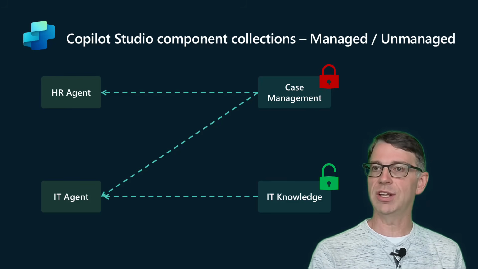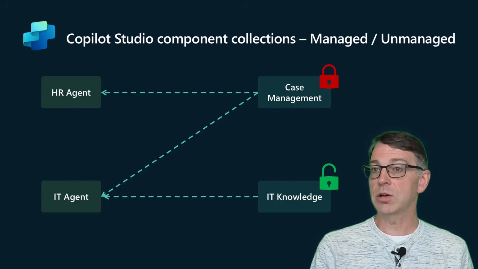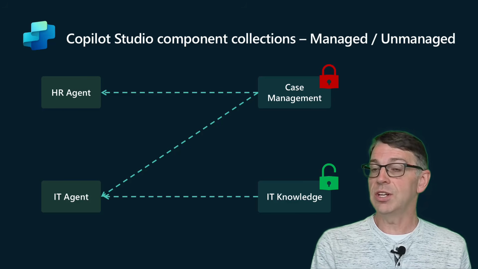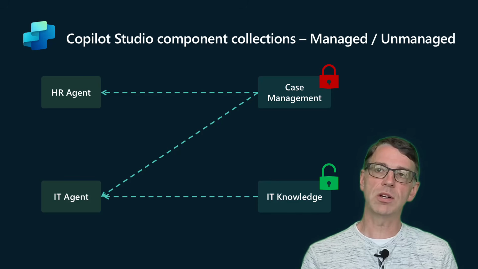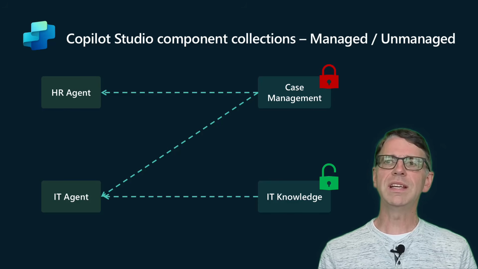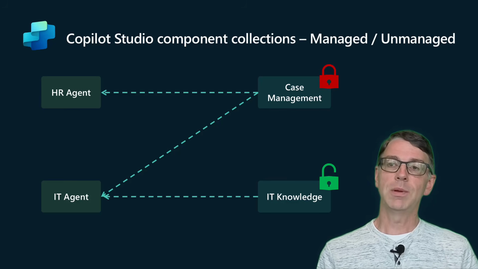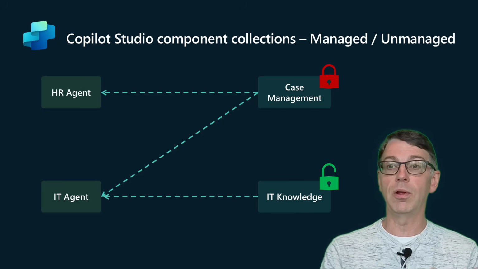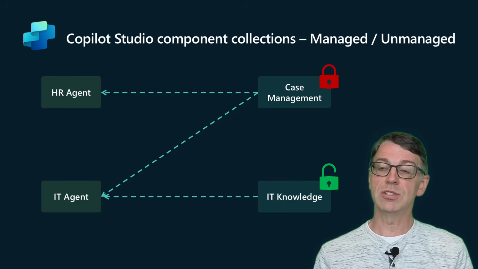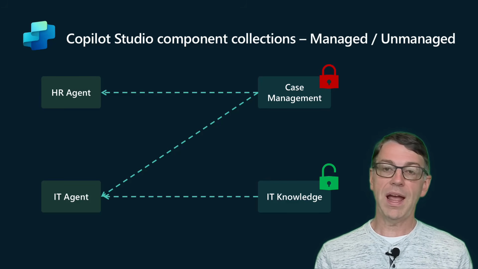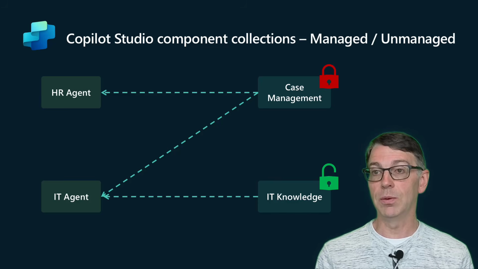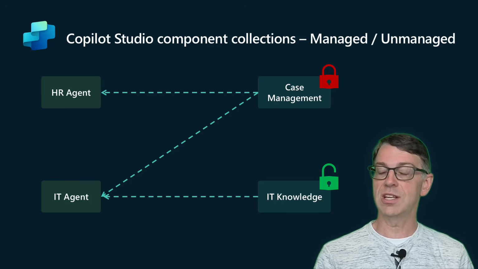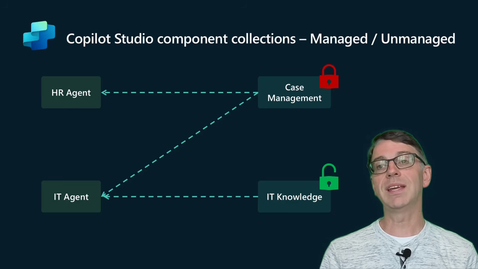While the HR agent and IT agent makers can use case management in their agents, they can't modify it. This is where Centers of Excellence are really excited about component collections, because it gives them the ability to release uneditable, reusable assets for the organization into an environment. So we can say this is the way we do case management for our organization, and people can use it but they can't modify it.